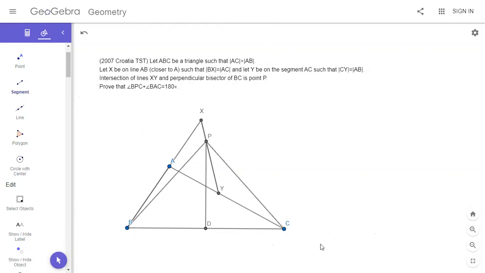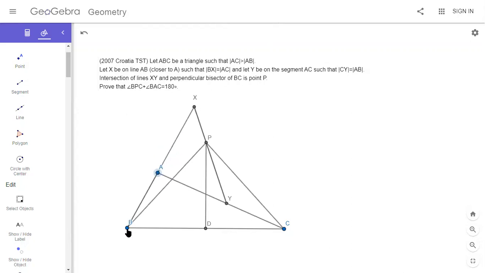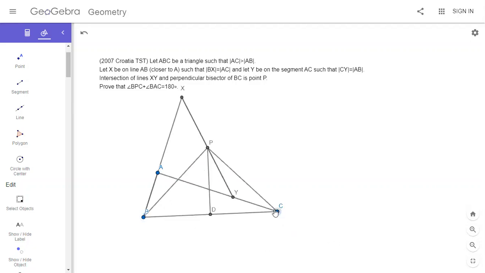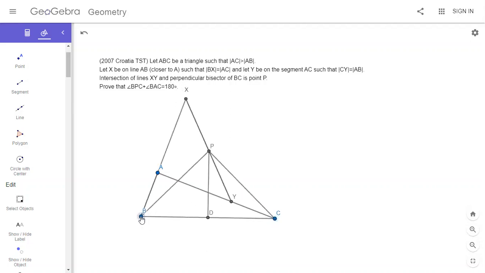That's the same as saying BPC is XAC, right? We could reflect point P across BC. Yeah, we prove that it's a cyclic quadrilateral. Yeah, I see what you're saying.